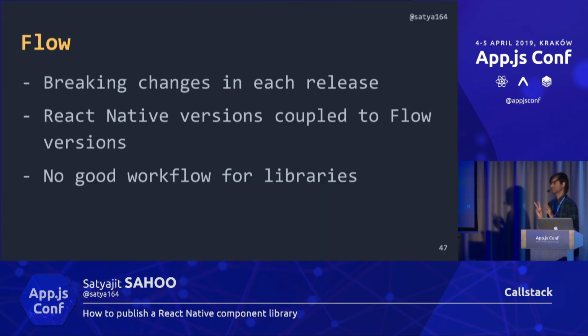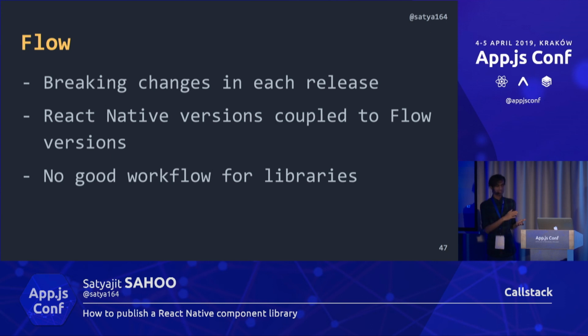So there are two tools for types, Flow and TypeScript. I will quickly compare those and tell you which one I prefer for libraries. So Flow has breaking changes in each release. It is very much tied to React Native versions. There is no good workflow for libraries. I like Flow, and it's very good for apps. But I think it's not a good fit for libraries, because it keeps changing, and you have to keep updated with the versions.